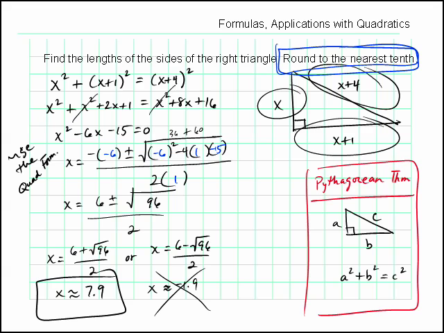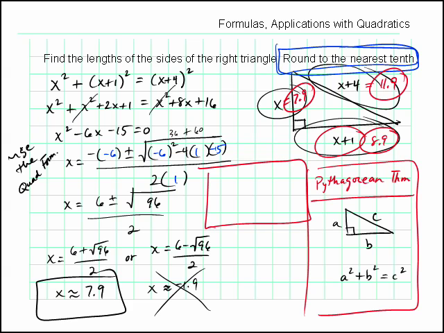If I go up to my triangle, this side is 7.9 approximately, which means that this side is one more than that, which is 8.9, and then this side up here is 7.9 plus 4, which would be 11.9. And so the three sides of our triangle are 7.9, 8.9, and 11.9. And we have our problem solved.